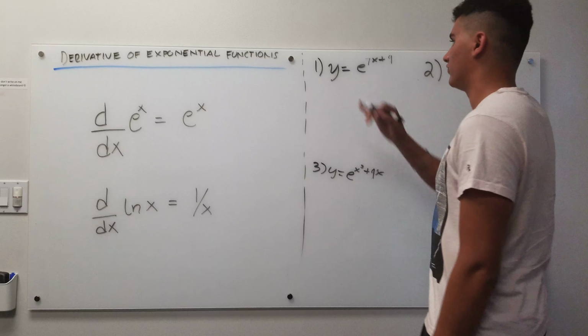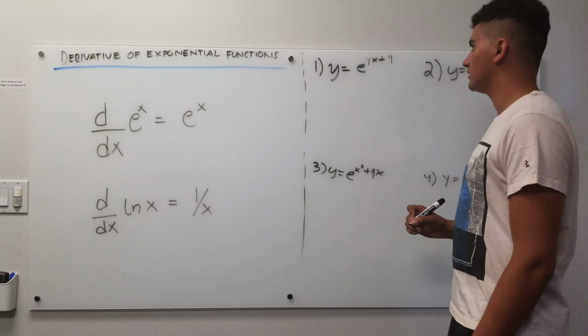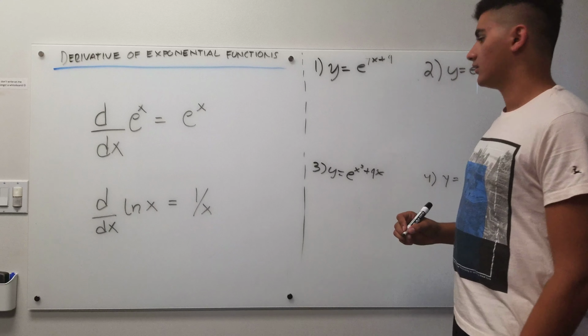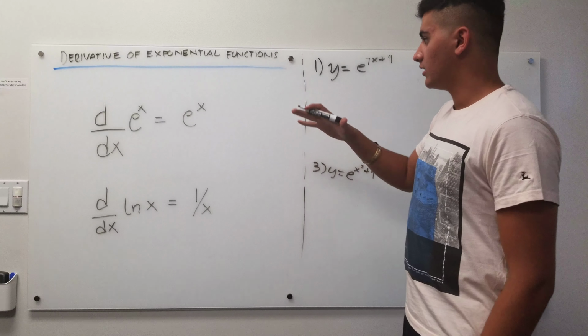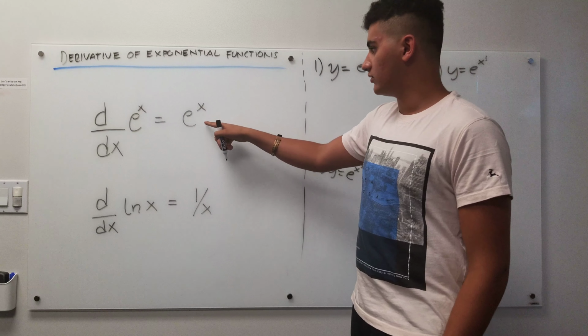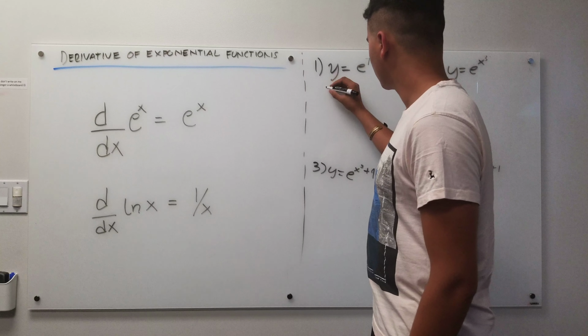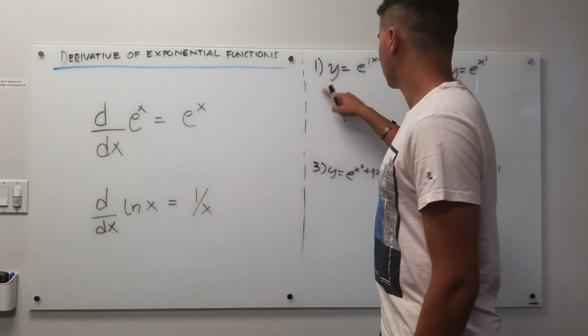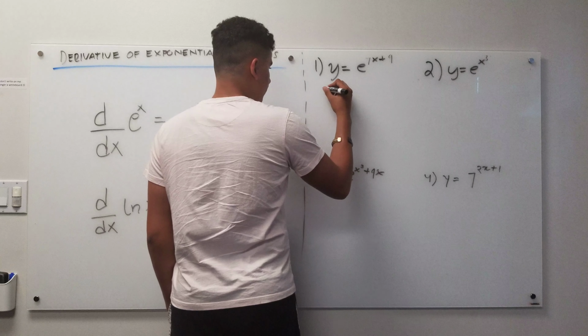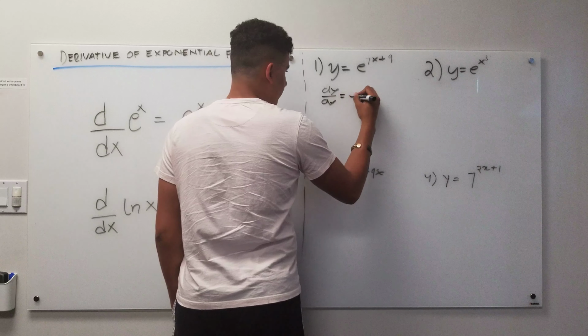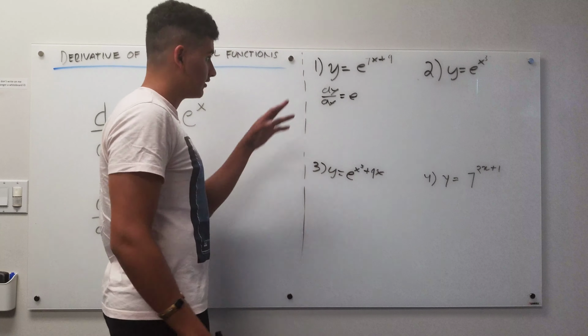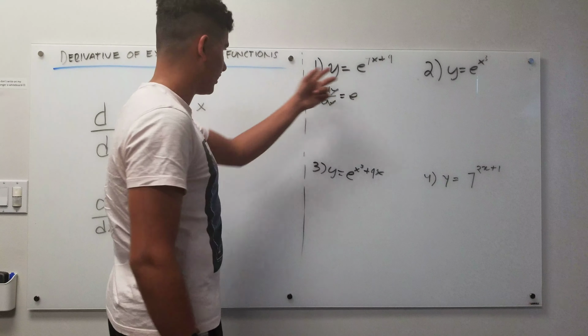First problem we have, y is equal to e to the 7x plus 9. Now, you could do this by using chain rule. So we're going to use this formula over here. dy/dx is equal to e. Now the derivative of e to the power of something would be e to the power of whatever that is.